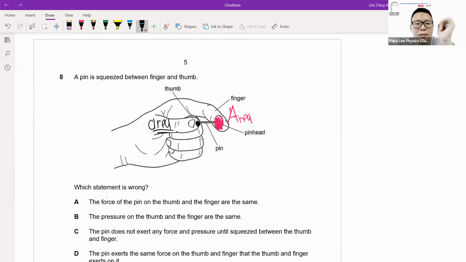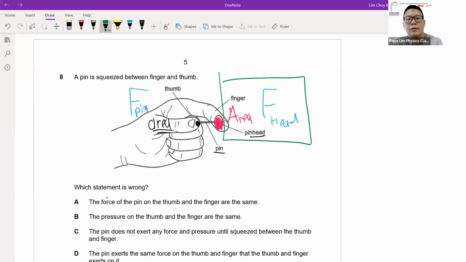If I exert a force on the pin head and it transfers to the pin, and the force is the same, you'll find that the pressure at the head will definitely be much smaller compared to the pressure at the pin.